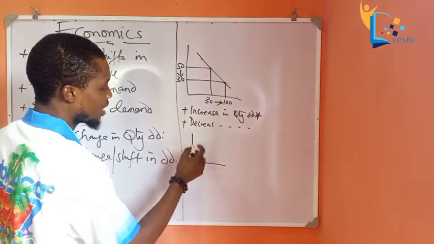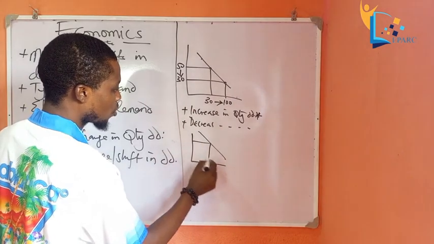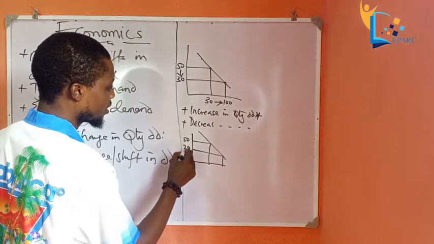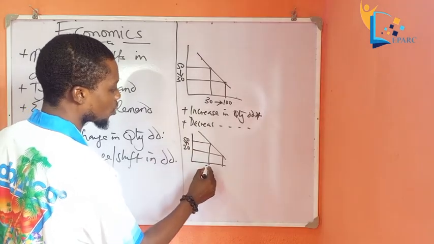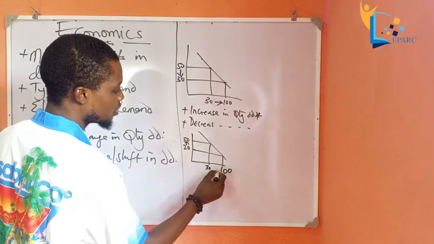Now, decrease in quantity demanded is the same concept, let's say from 20 to 50. An increase from 20 to 50 will cause quantity demanded to fall from 100 to 30.